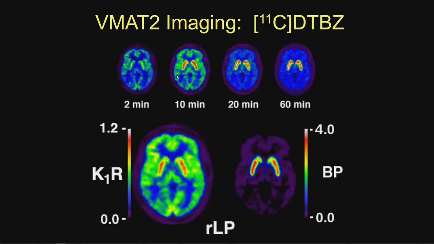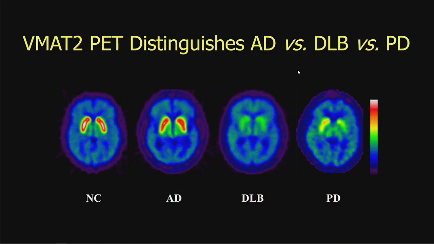You inject. It is initially deposited according to delivery by blood flow, but as time progresses, the binding and retention becomes quite strikingly selective in the striatum. And what we've found is that just as you heard with regards to the fluoropropyl CIT, there's a difference between normal control individuals and those who have Parkinson's disease, where the reduction is predominantly in the posterior putamen and is asymmetrical.